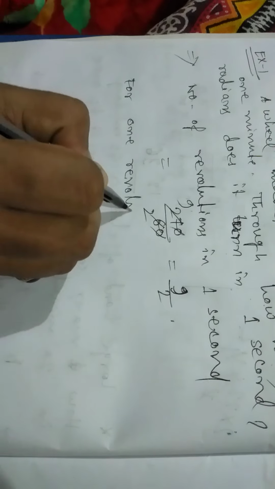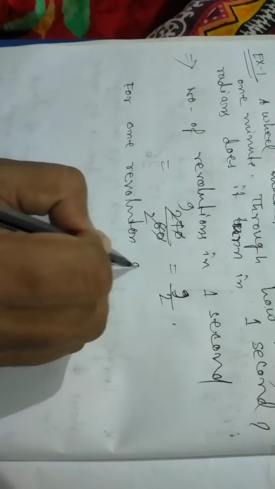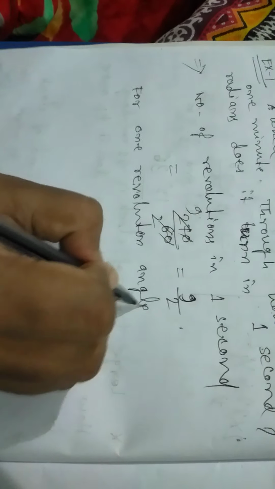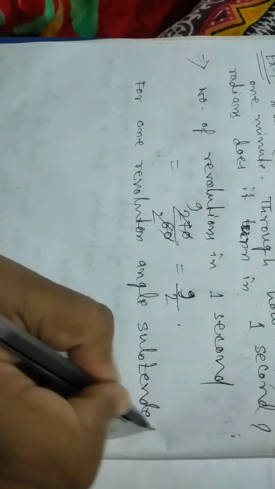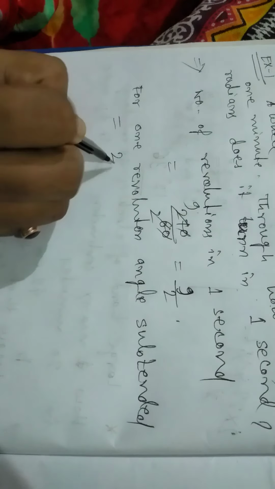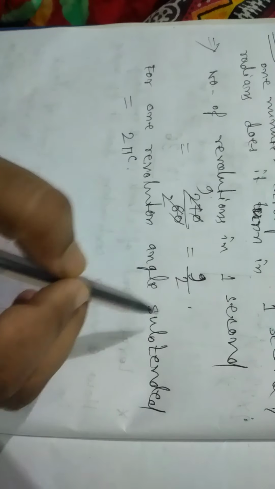So for one revolution, the angle subtended equals how much? 2 pi radian. So for 9 by 2 revolutions, how much angle will be subtended?